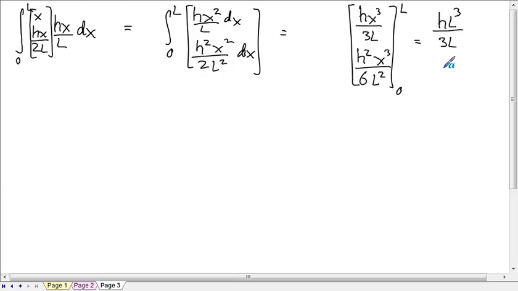And here you get h squared L to the third over 6L squared.